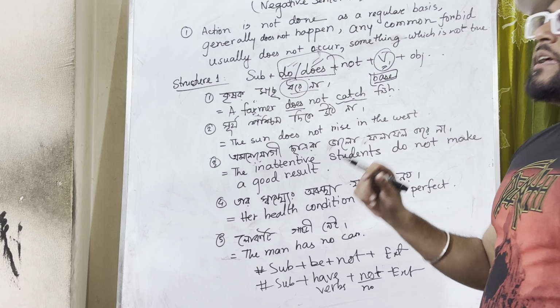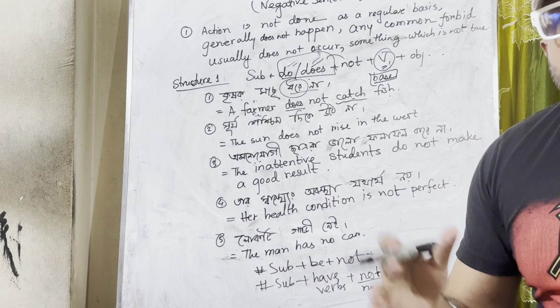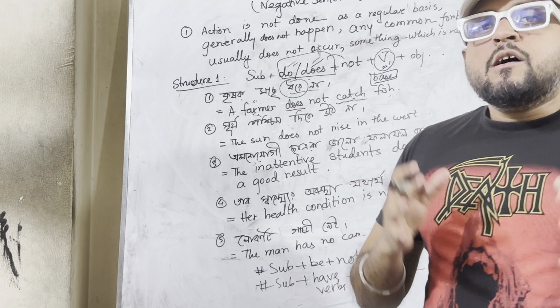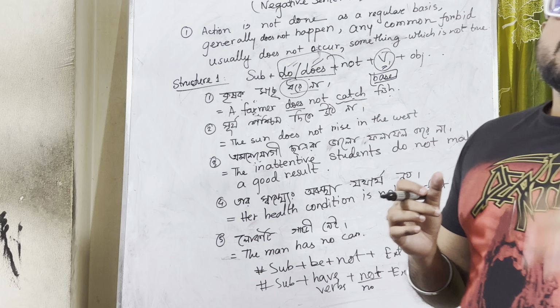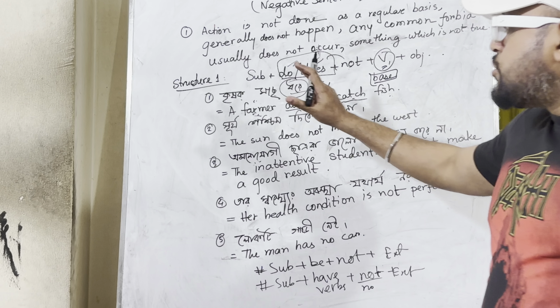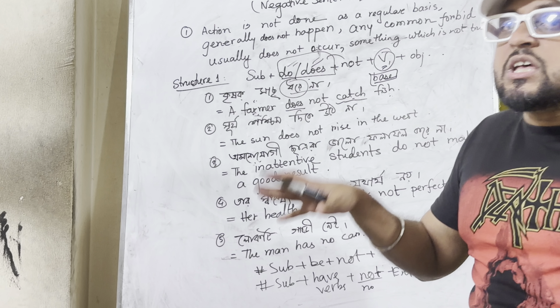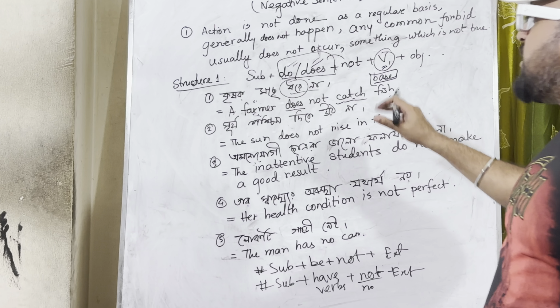You can apply the ed or any type of suffix that we use to produce the past form, but remember to use the main form of the verb after do, does, do not, does not. So this form is known as the base form of the verb.